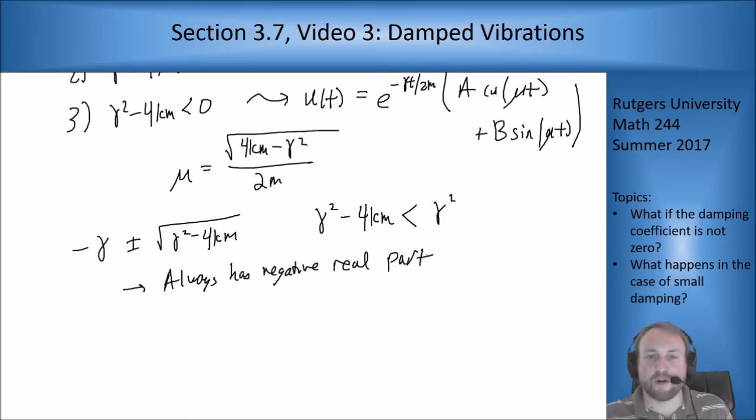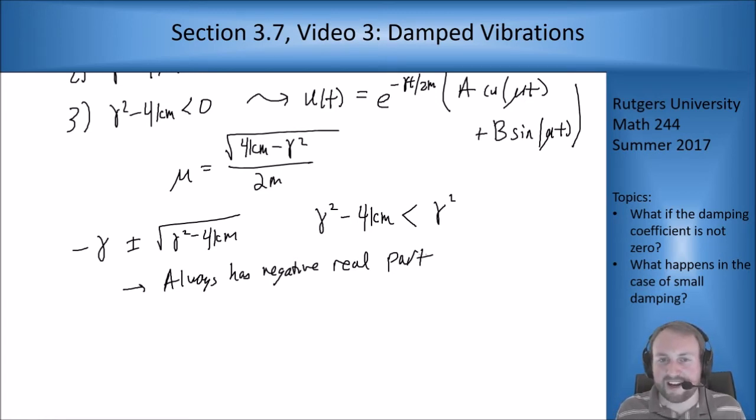If the square root part is imaginary, then our real part is just negative gamma over 2m, which is negative. If the middle part is 0, we're again at negative gamma, which is still negative. And if the inside is positive, it's still in magnitude less than gamma, which means since I'm starting at negative gamma and adding or subtracting something smaller than it, I can't get back to 0.